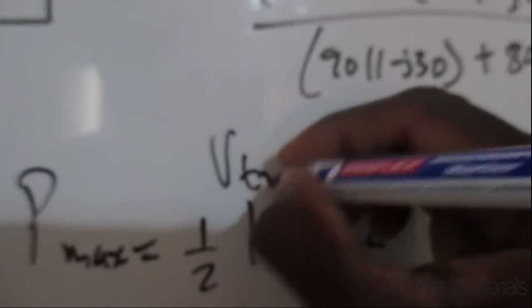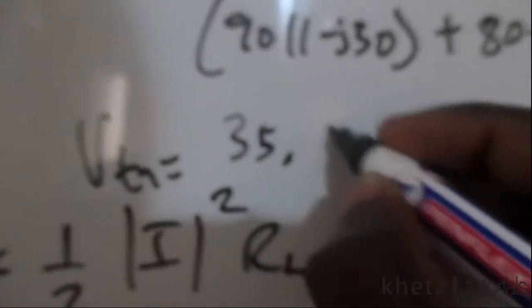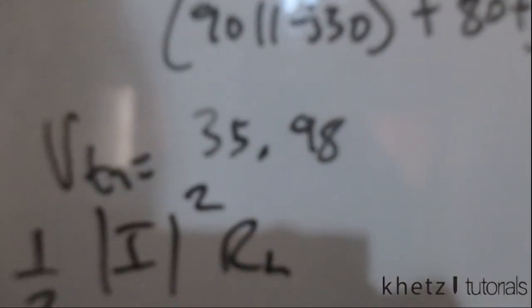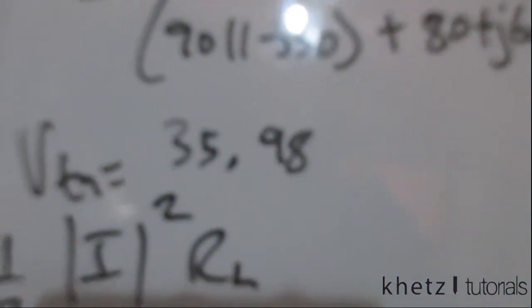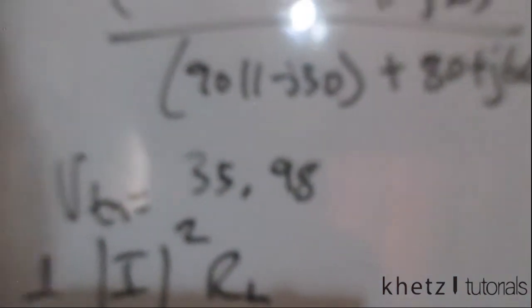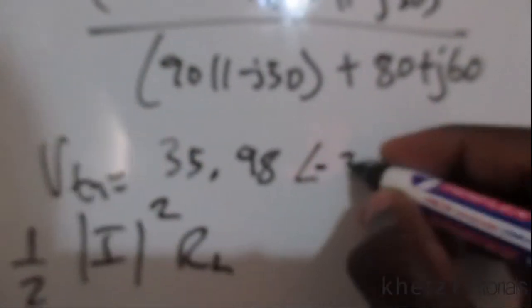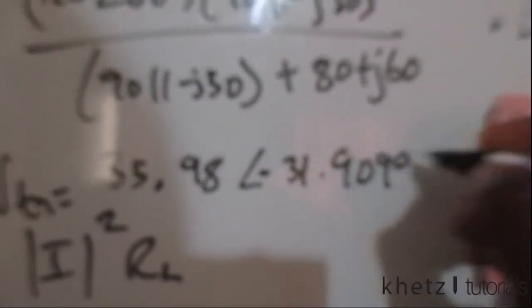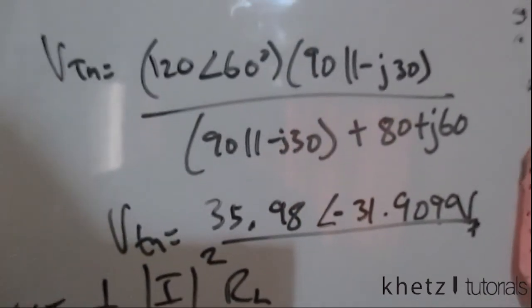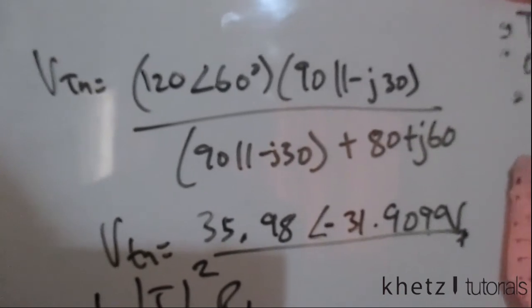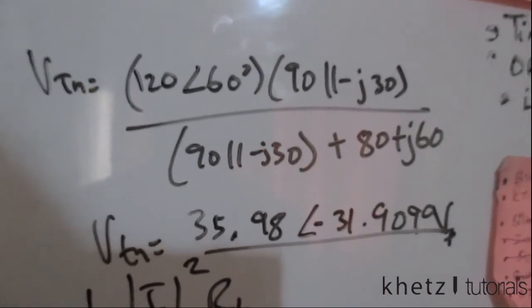The VTH which you should find is 35.98, right? With an angle of negative 31.909 degrees, and that is in volts. So that should be your VTH, which you find after doing voltage division to find the voltage across your parallel combination of 90 and negative j30.